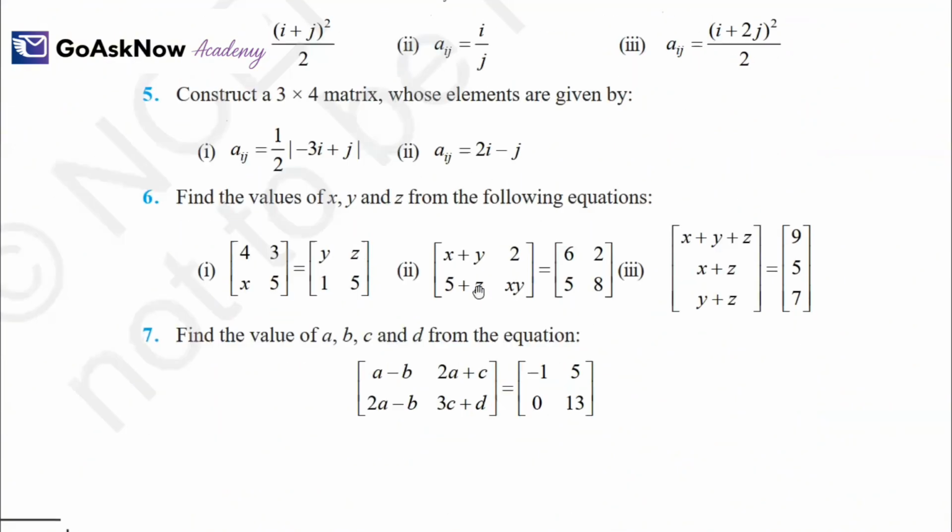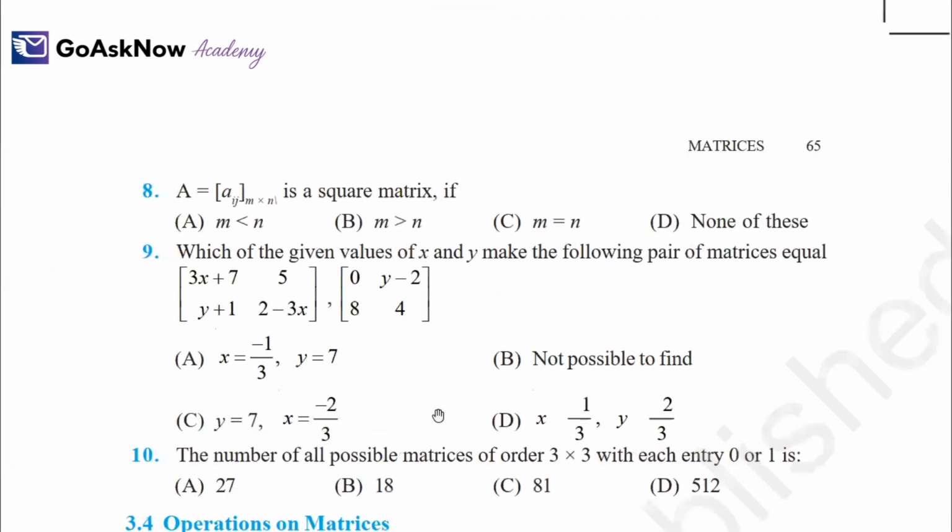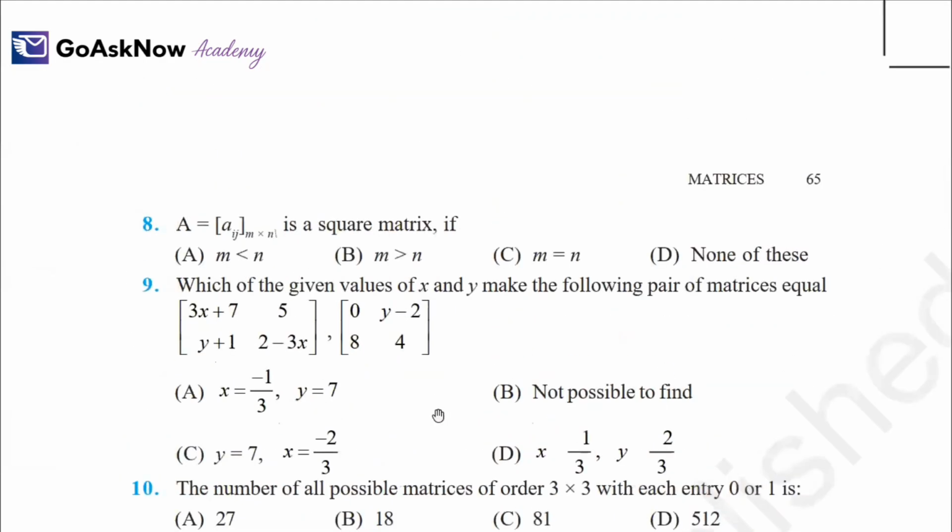And if you can do the sixth one, you can also solve the seventh question. This is like forming equations in two variables, and then you will get the corresponding equations and their solutions by solving the equations in two variables. Okay, so let's move further and see the eighth one.